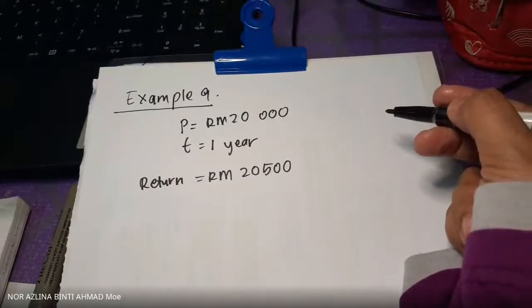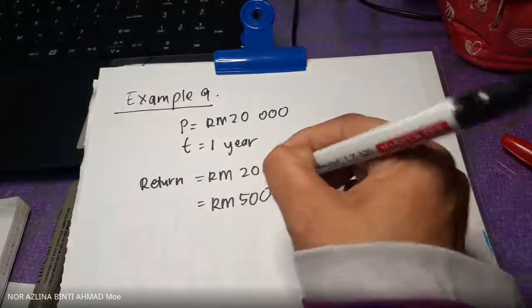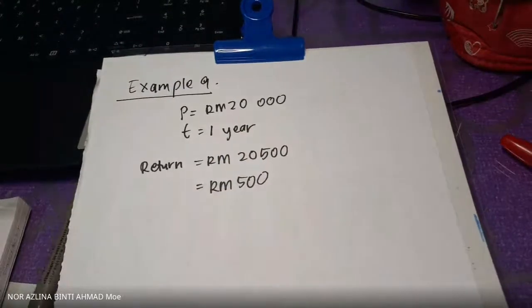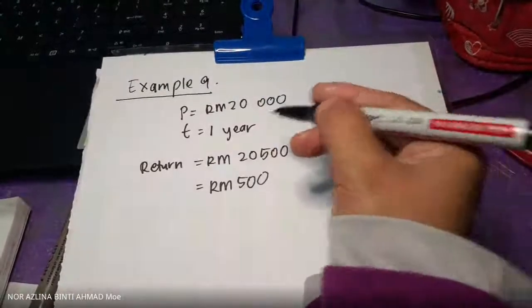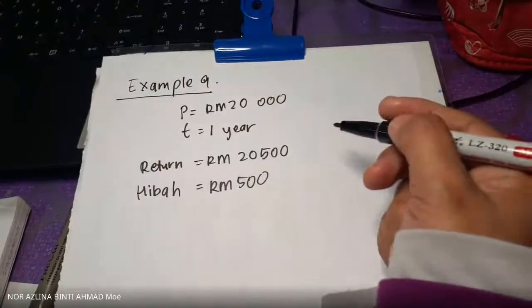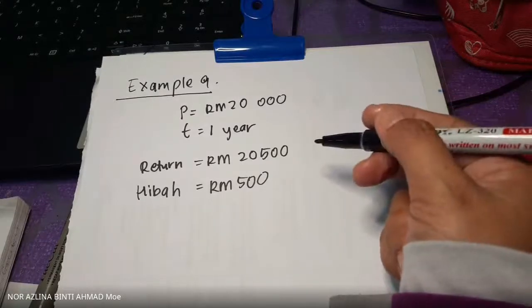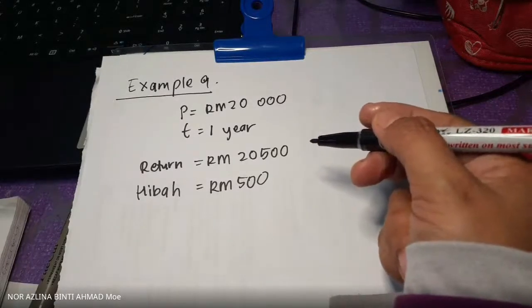An additional RM 500 is a hibah. Hibah means gift, from the bank. Calculate the percentage of hibah obtained by Encik Osman.